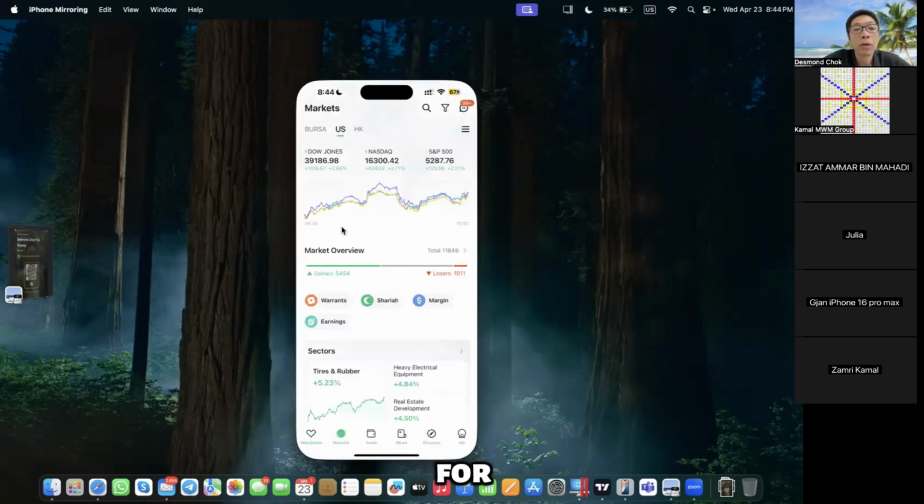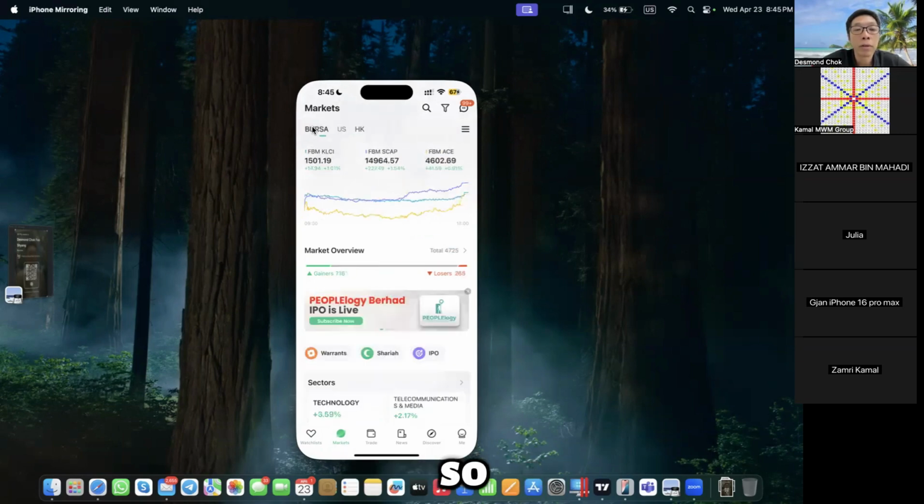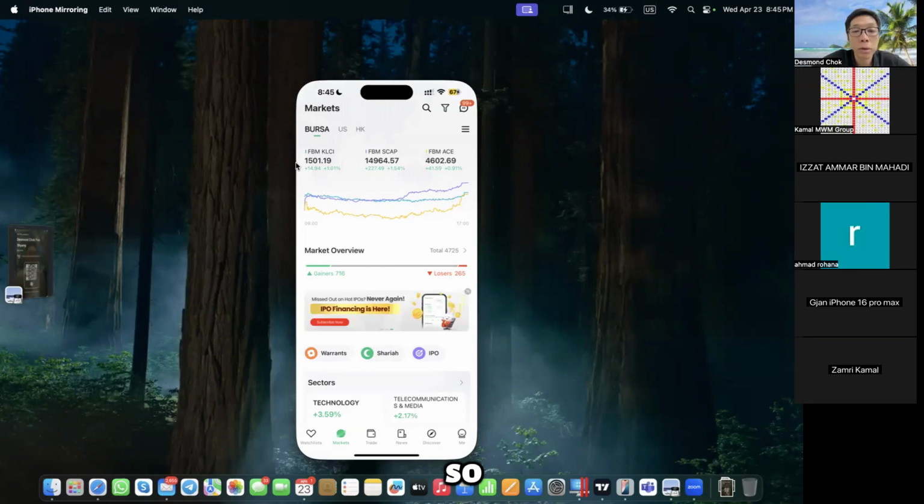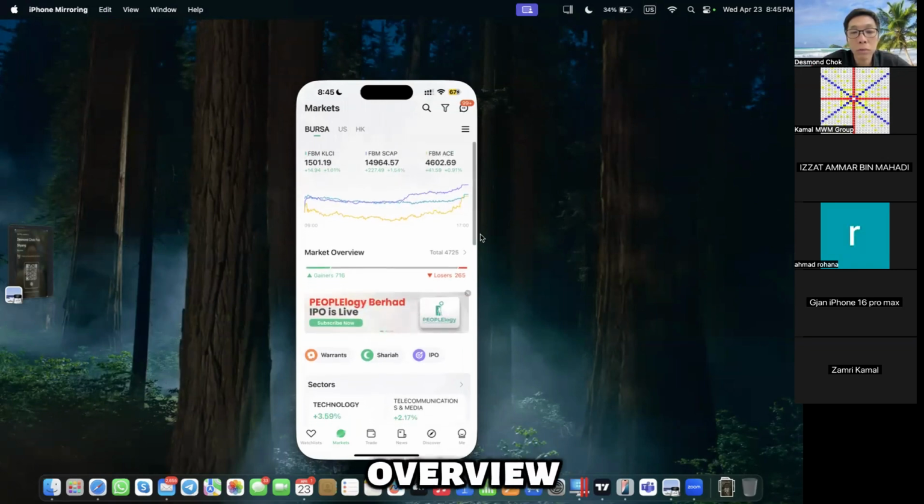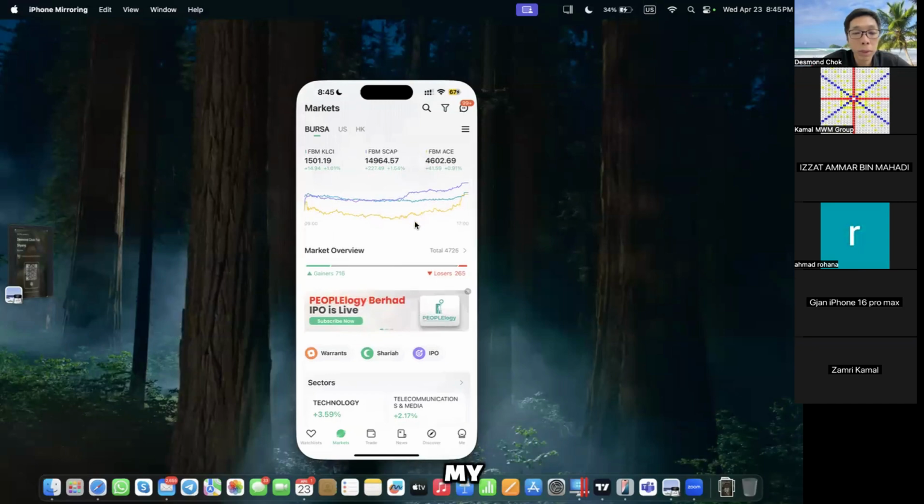Okay. For this one, markets, you will see this is a general platform of the market for Bursa, US, and Hong Kong. For Bursa, you can see the graph chart here. If let's say market overview, where's my chart?